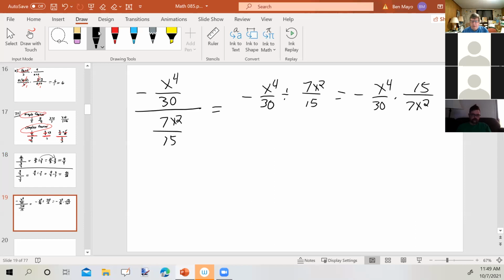In this case, I can reduce ahead of time. 15 over 30 is 1 over 2. x to the 4th over x squared is x squared over 1. So I now have what? Negative x squared on top and 2 times 7, 14, on the bottom. Any questions there?